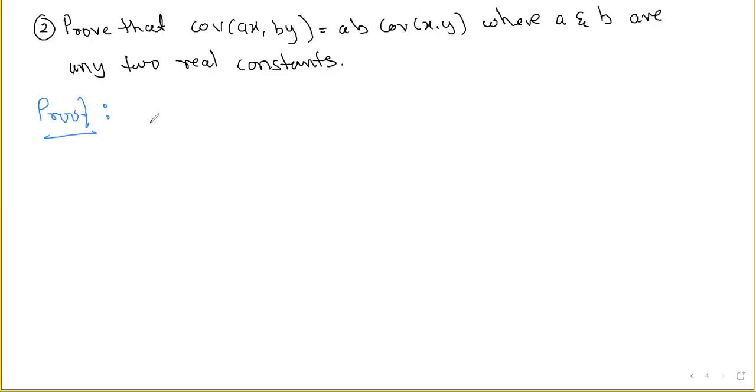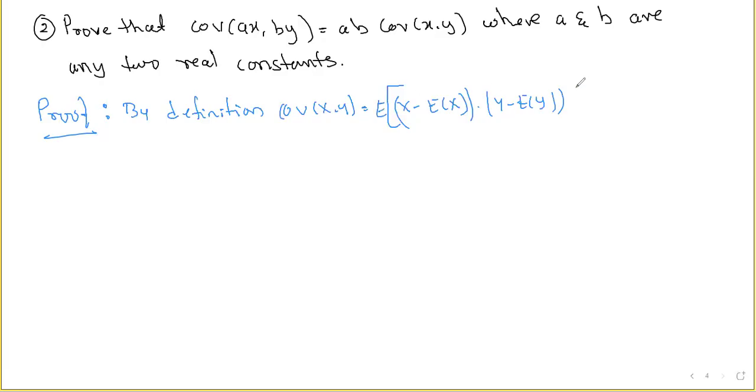So now again, we are going to prove this. Same, we are using the definition. So what do we have in the definition? Covariance of x comma y is equal to expected value of x minus expected value of x into y minus expected value of y, for this expectation, right? So instead of x, what we have? Ax. Instead of y, we have by.